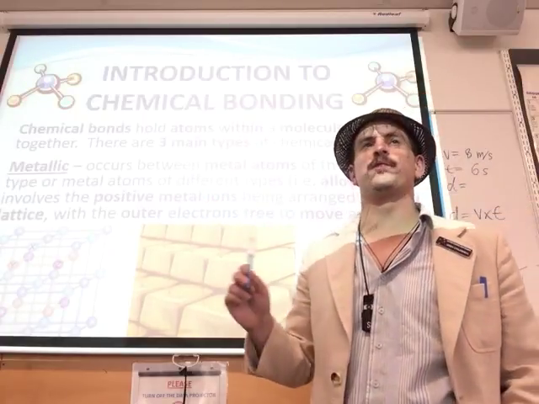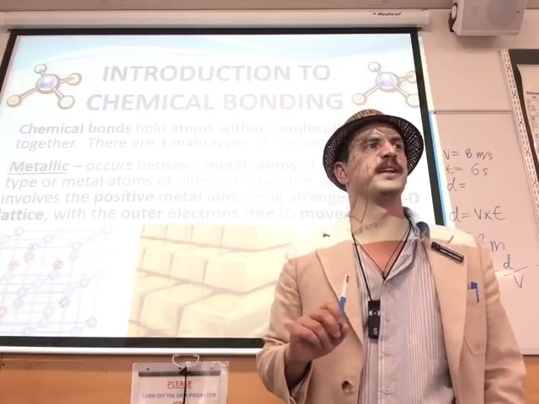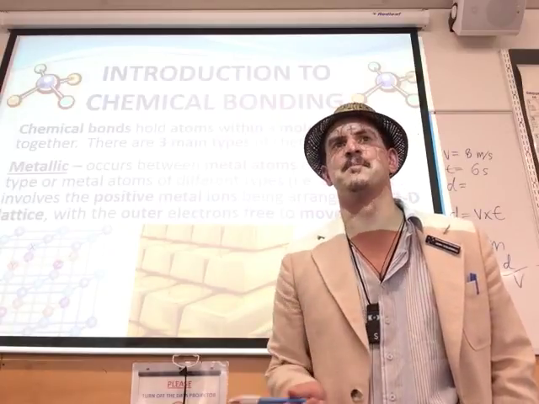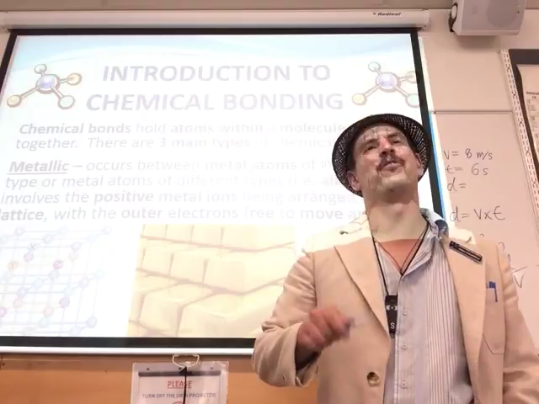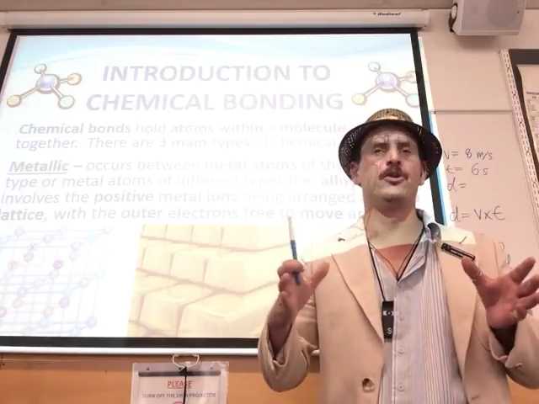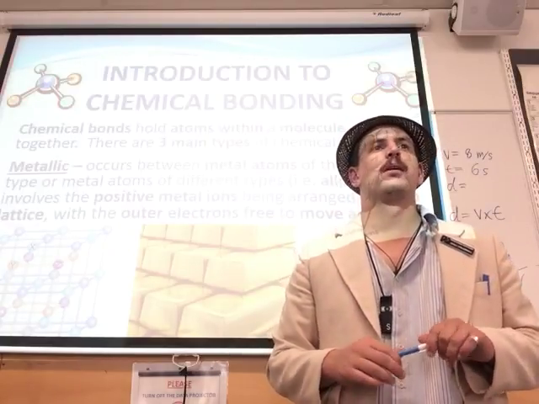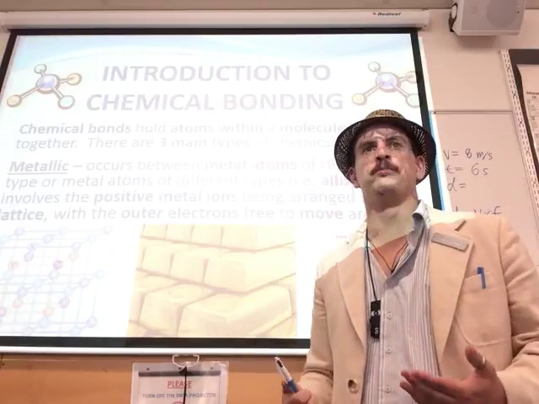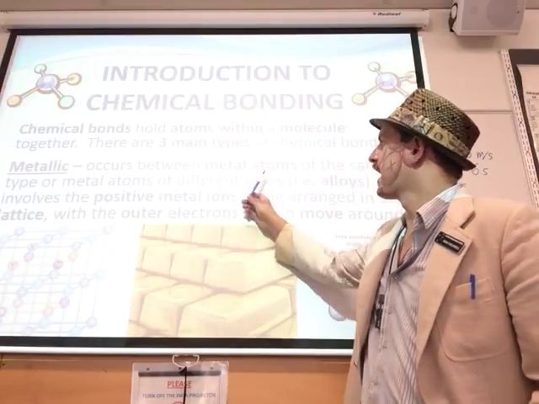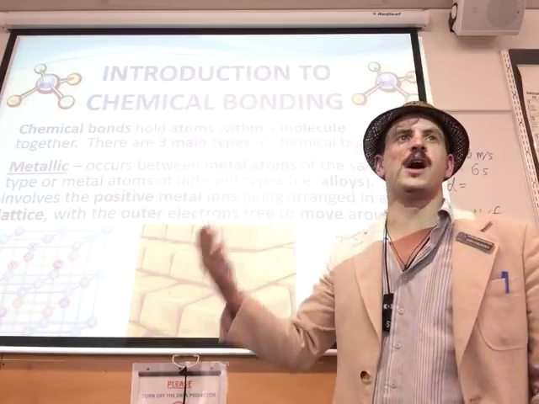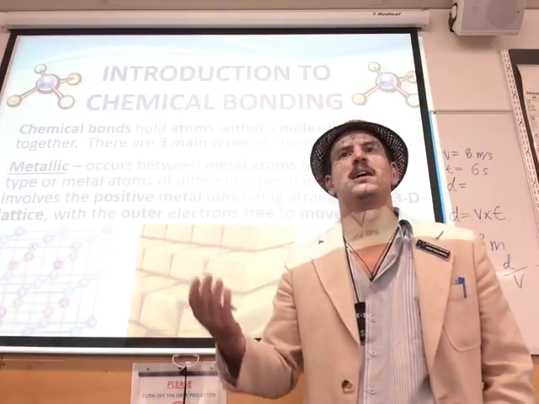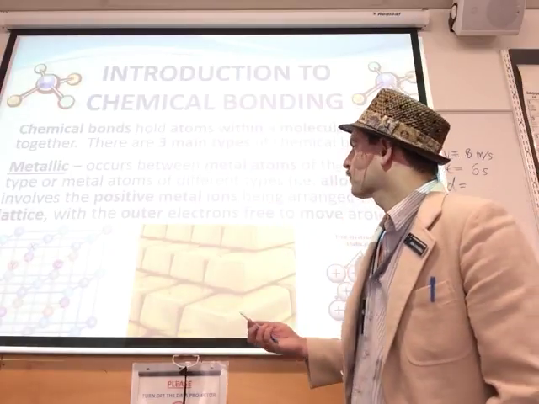If there are 2 different metals, we call that an alloy. Steel is an alloy. Titanium quite often will be in an alloy form. But if you've got just elemental metal, we'll look at that kind of bonding as well, for example elemental iron, zinc, and magnesium.